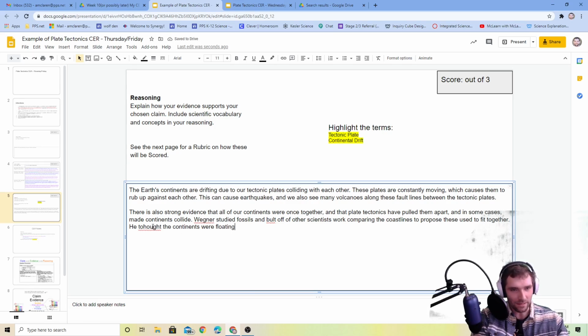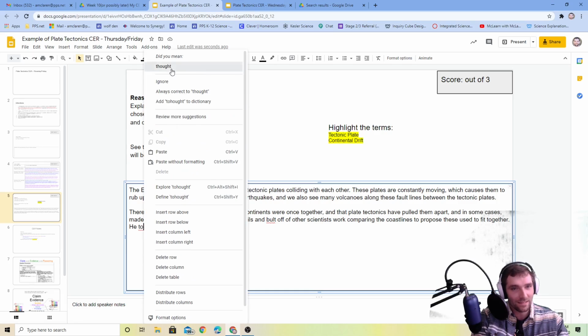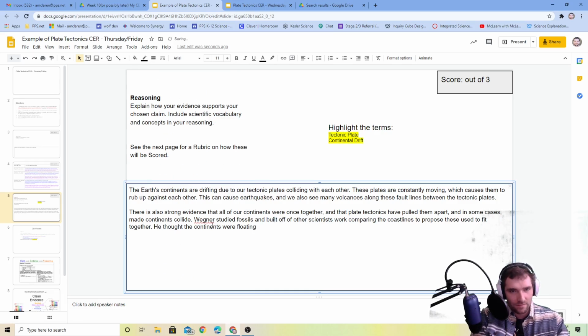I'm not a very good typer, as you can see. So he thought the continents were floating, but we now know that is not the case. We can use a number of methods to measure the age of the sea floor.